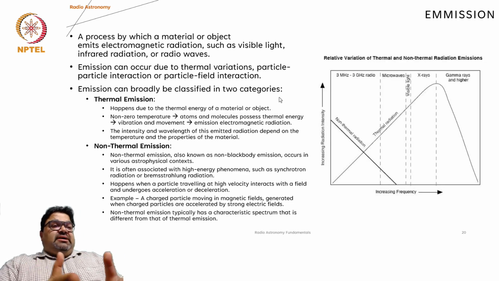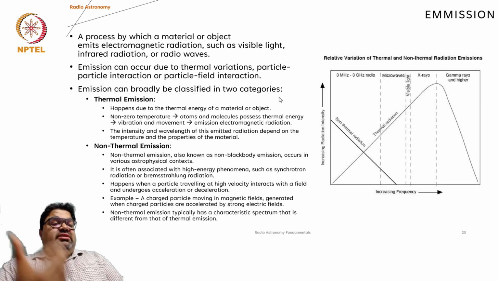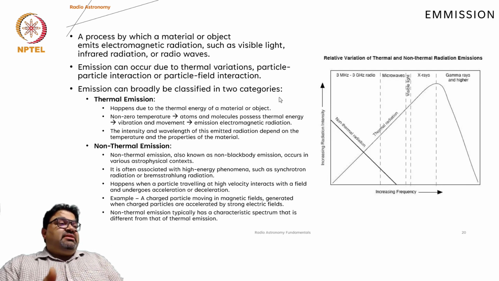The different kinds of emission: the thermal emission with blackbody radiation we have already discussed. There is also non-thermal emission, which is non-blackbody in nature, a process by which a material or object emits electromagnetic radiation such as visible light, infrared radiation, or radio waves. Emission can occur due to thermal variation, particle-particle interaction, and particle-field interaction.